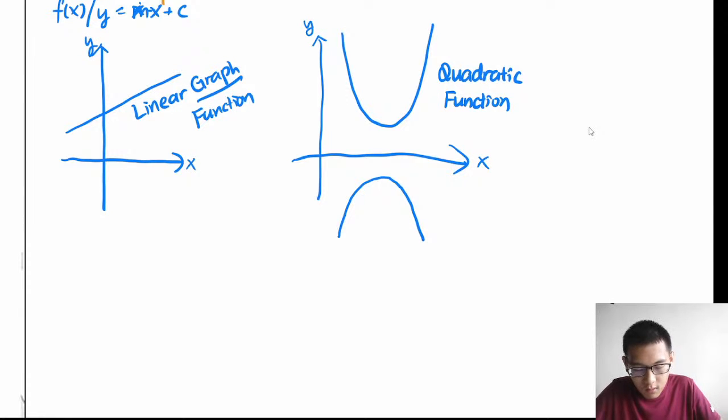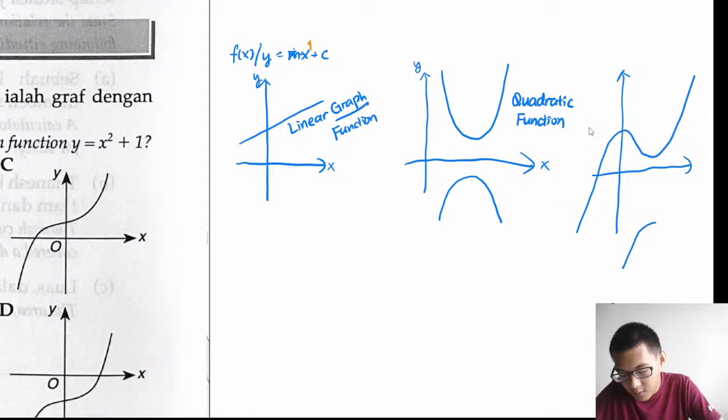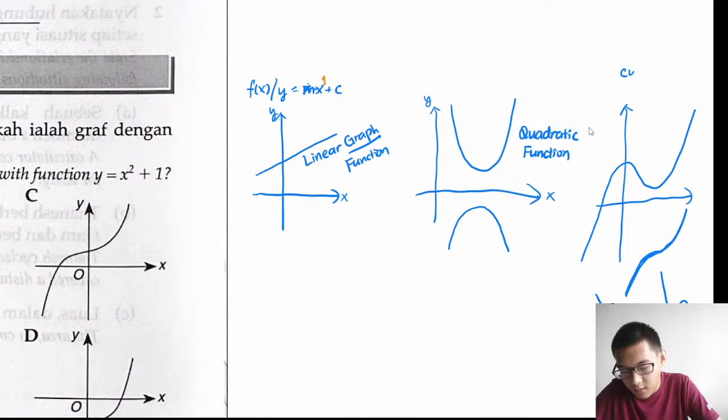Next, we also have this one. If I have a graph that goes up and then suddenly down and up, or up and then constant, uniform, and up again, or constantly down, or down, suddenly up and down again, this is an example of a cubic graph, made by a cubic function.